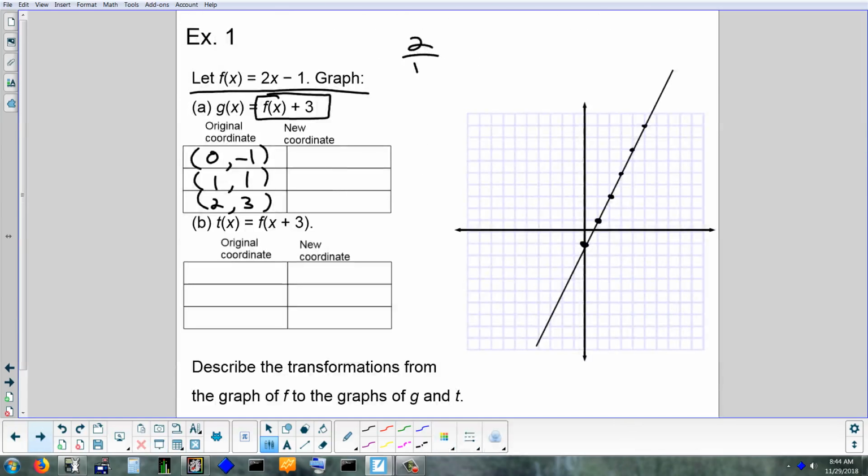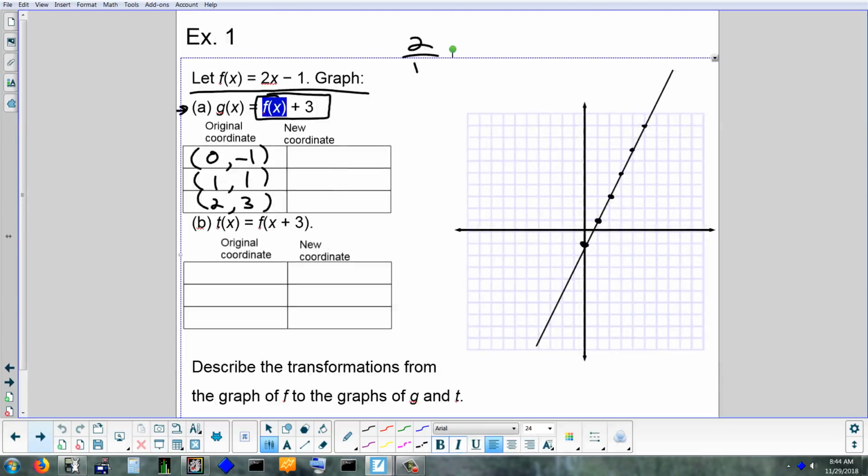All right, let's look. What's my number here, for the first one? In the original, what they're telling me to do right here. Gigi? 3. They're telling me to add 3 to my original function. And Yusef just said you add it to the y values. So let's do it.